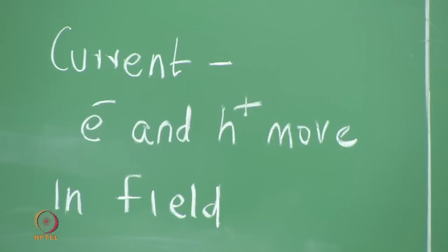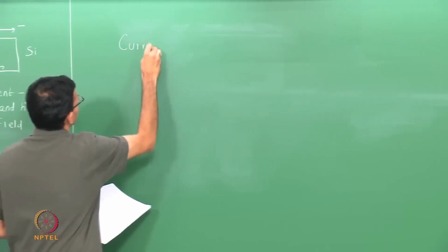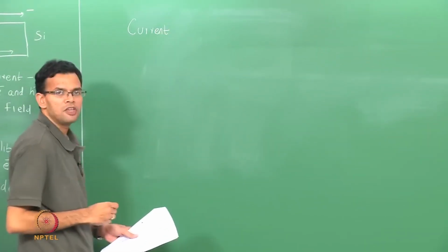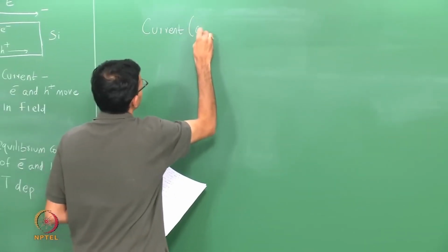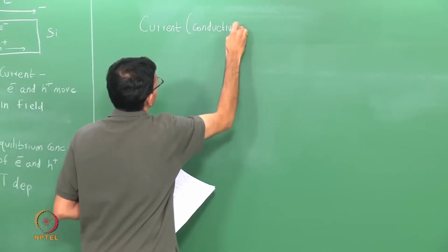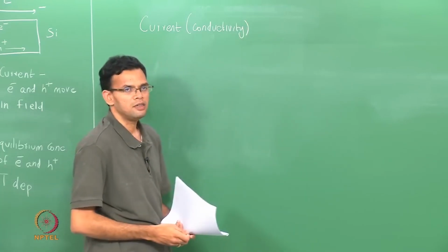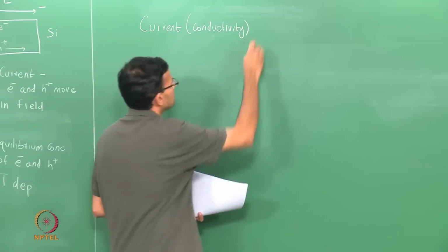What are the factors on which the current depends? Let us look at that next. Current, or if you want to think about it, conductivity, in the case of an intrinsic semiconductor depends upon two factors.